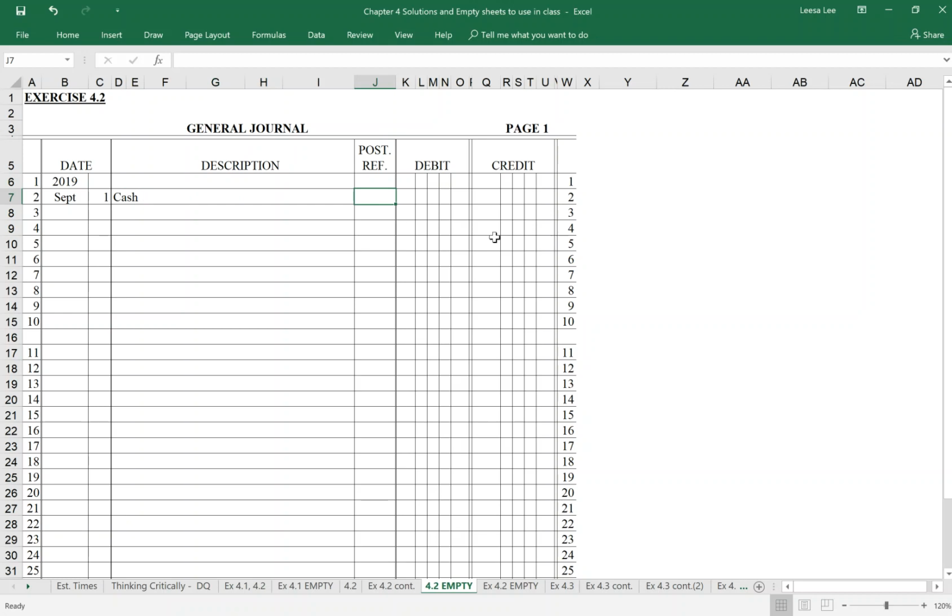That will come in the next exercise. We are adding the $30,000. And then the second line would be the Zach Mason capital. You do want to indent that just a little bit. And that's where we're adding the $30,000.